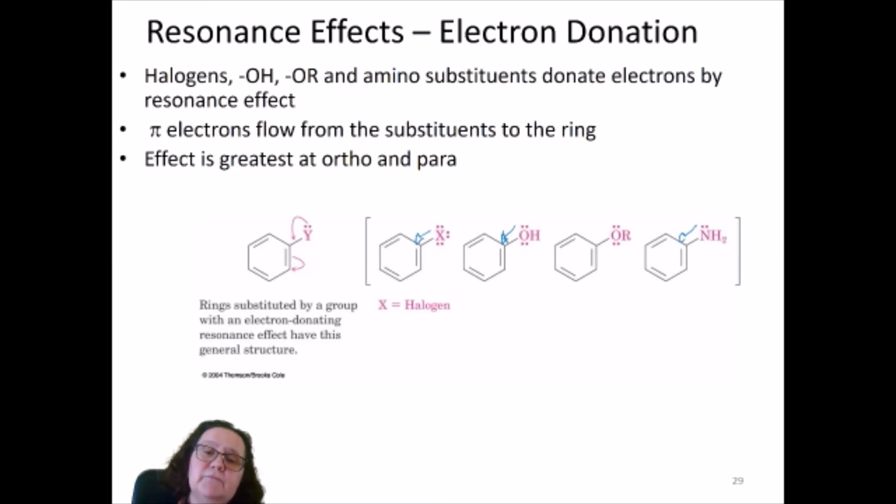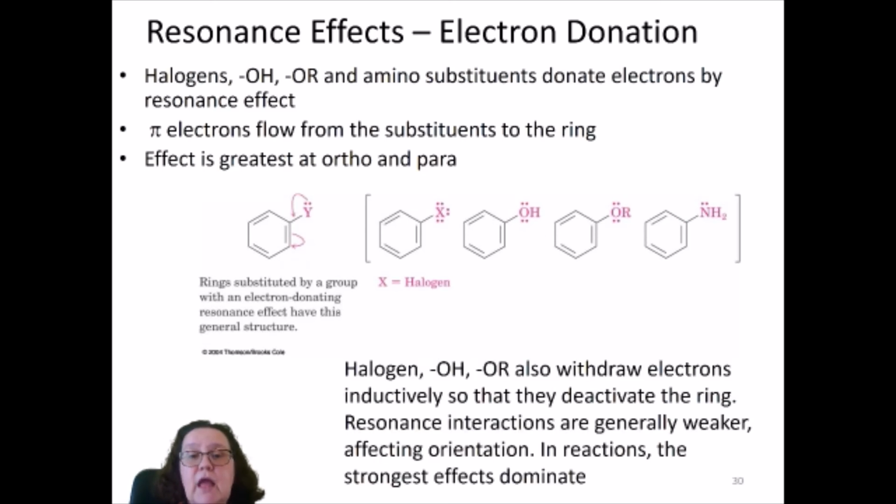They can add to the electron charge of the benzene ring in that pi skeleton. So in this case, the electrons flow from the substituent to the ring. The effect is the greatest at the ortho and para positions, and we will look a little bit into that in a later slide.